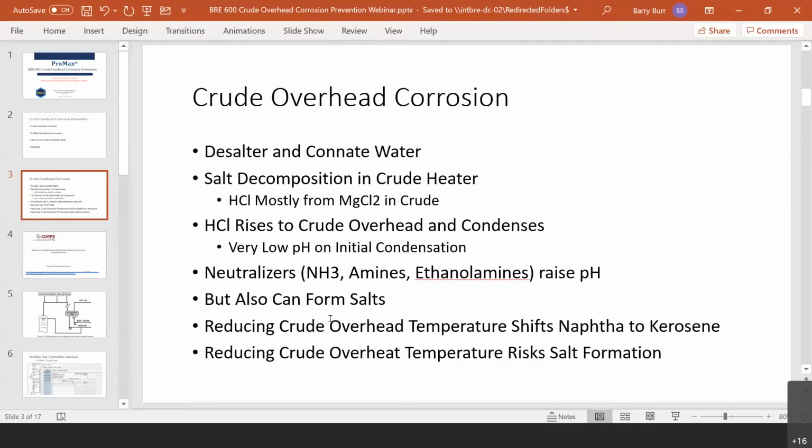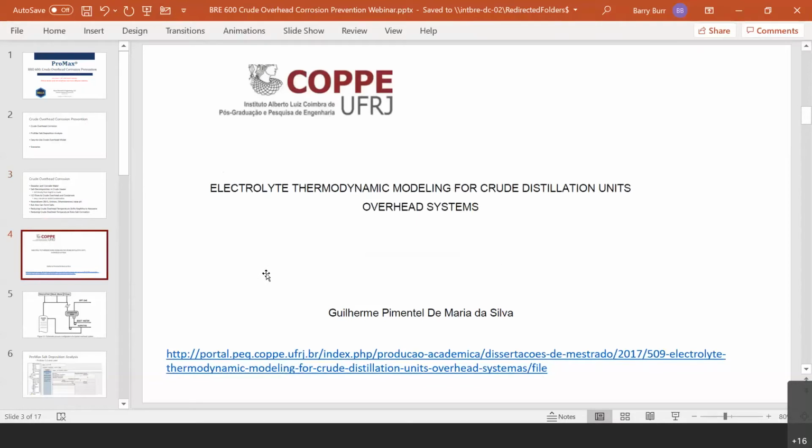We're going to build a model that calculates these key properties and is also easy to configure. A lot of the new information, we have some salt deposition temperature parameters for several species, but it's this document here, electrolyte thermodynamic modeling for crude distillation overhead systems.